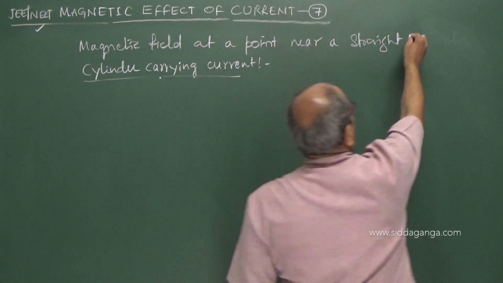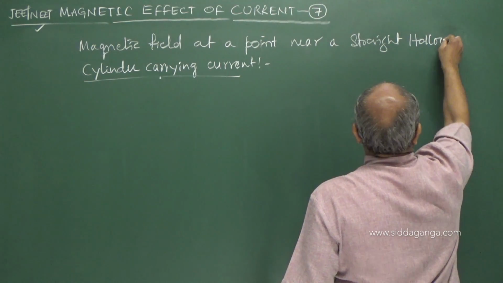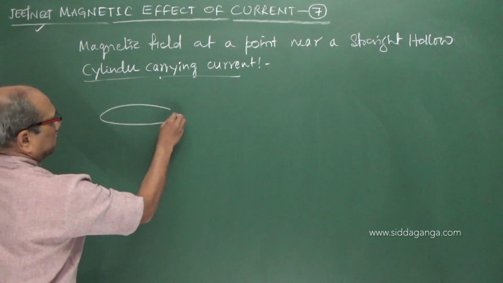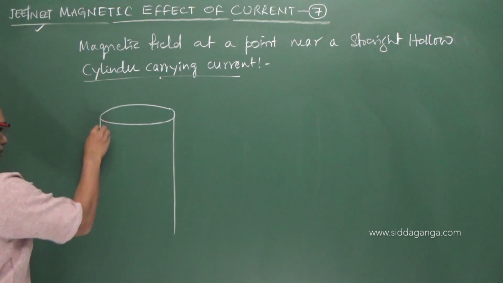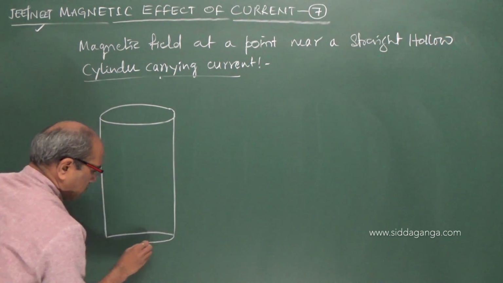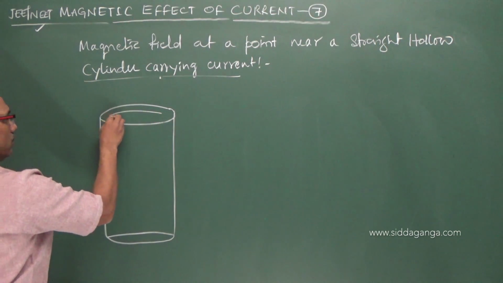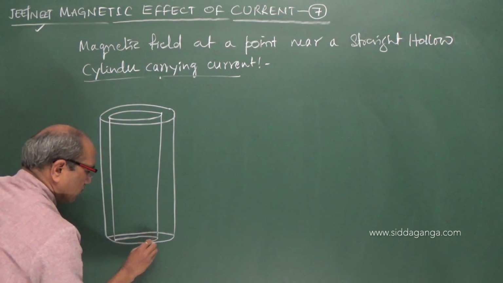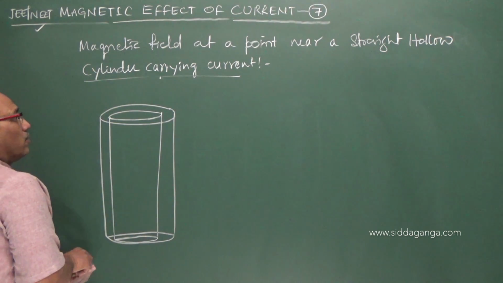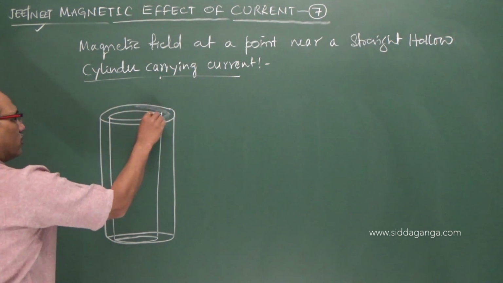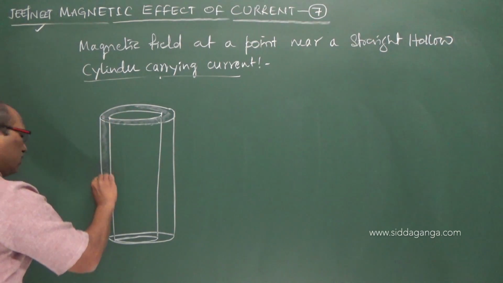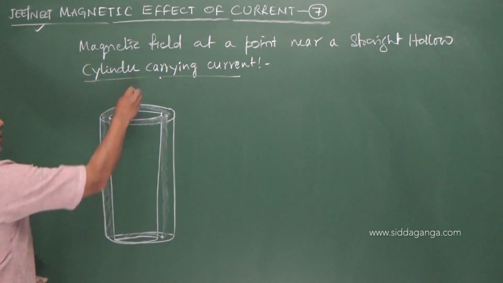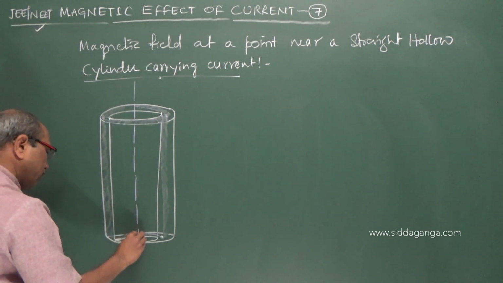For a straight hollow cylinder, just imagine this is one cylinder. This is almost solid part, a very thin area, along the axis.